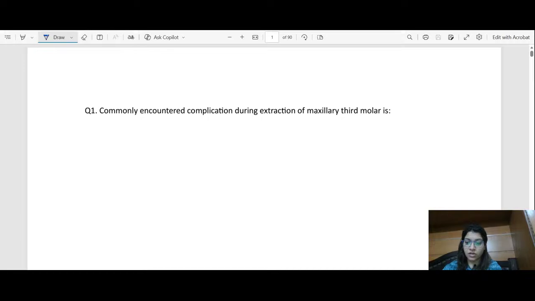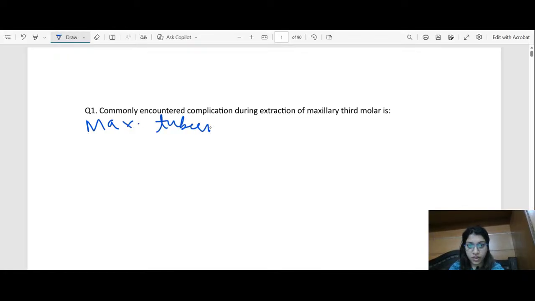Options are oroantral communication, root displacement into the sinus, excessive hemorrhage, or fracture of the maxillary tuberosity. So over here, the answer is maxillary tuberosity fracture. This is the most common complication during the extraction of the maxillary third molar.